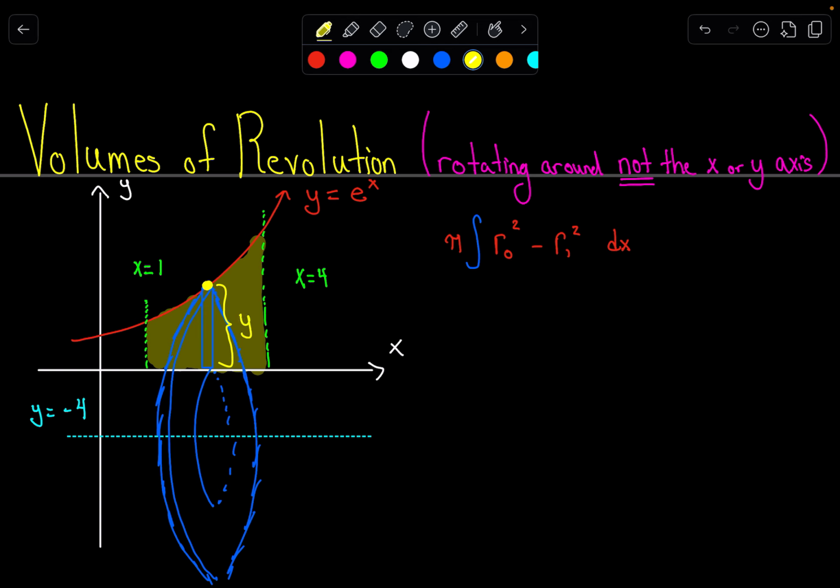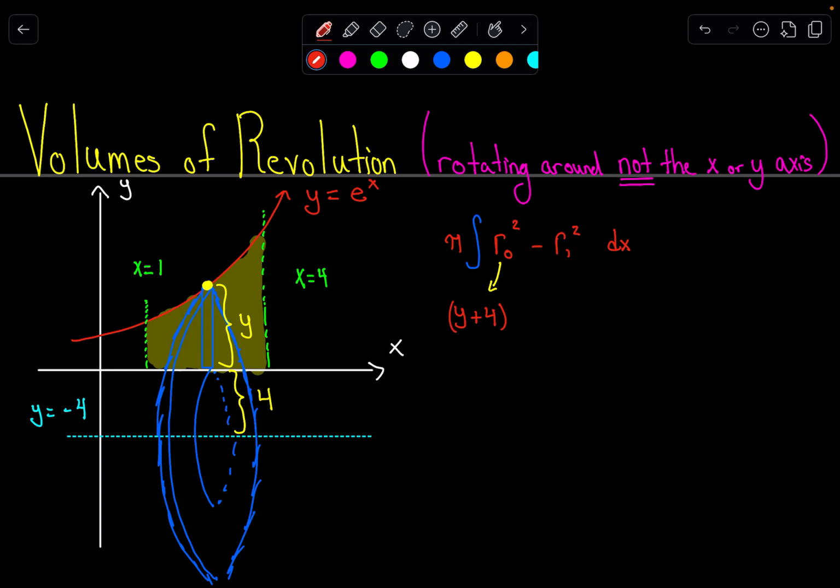And then I have another distance here to the center of my axis of rotation, and that distance is just equal to 4. So my outer radius looks like it's going to be my red y value plus another 4.